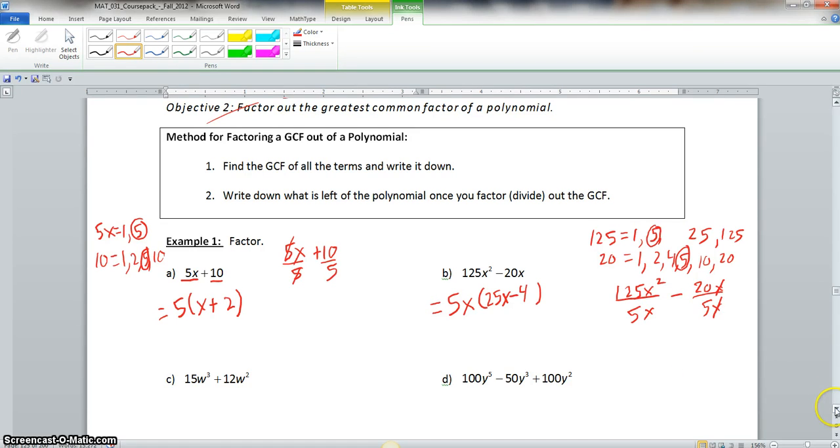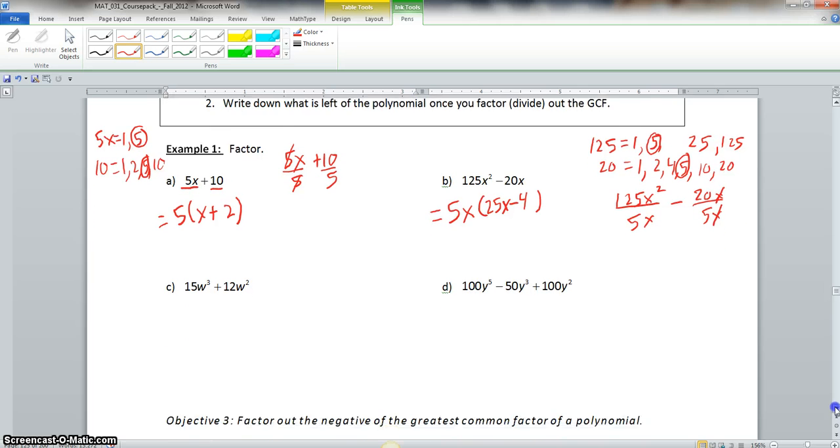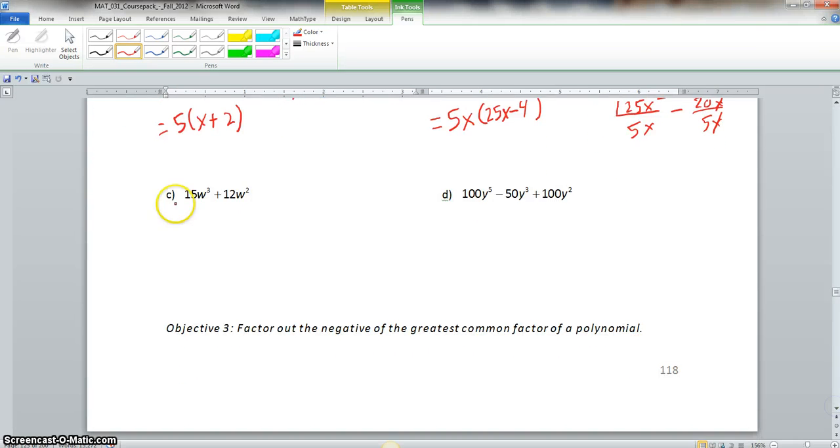Now we go down here to C. With C, we have 15w cubed and also 12w squared. We can go off to the side here. The factors of 15 are 1, 3, 5. Oh, for some reason that disappeared. So again, it's 1, 3, 5, and also 15.